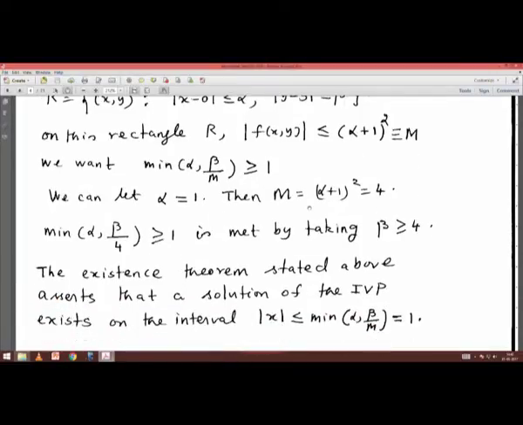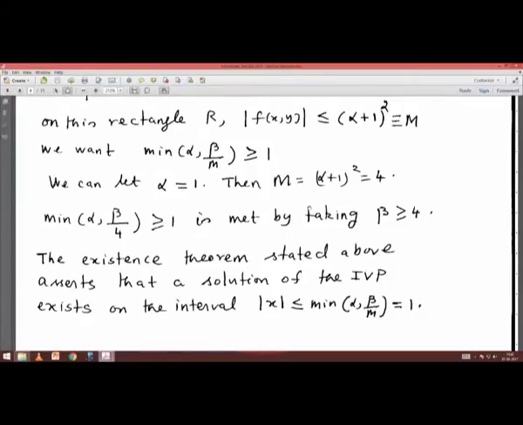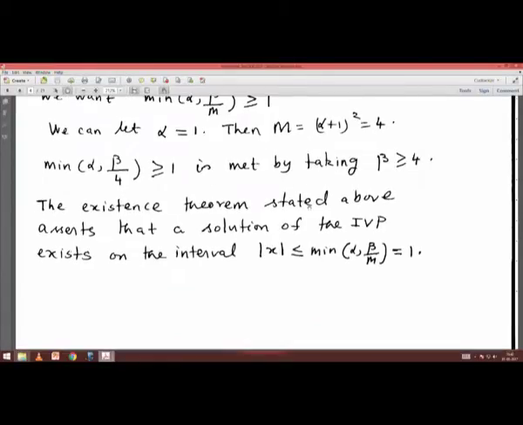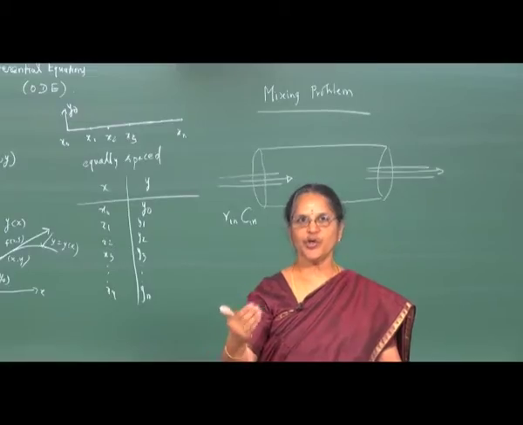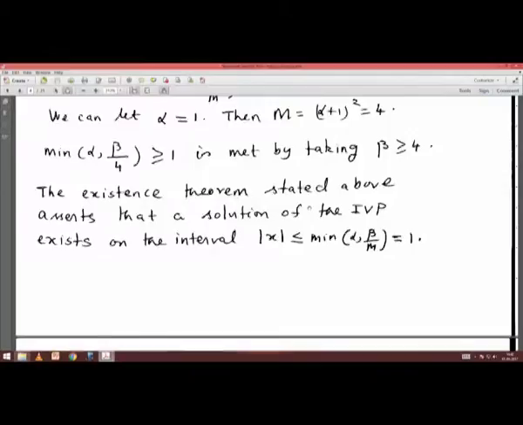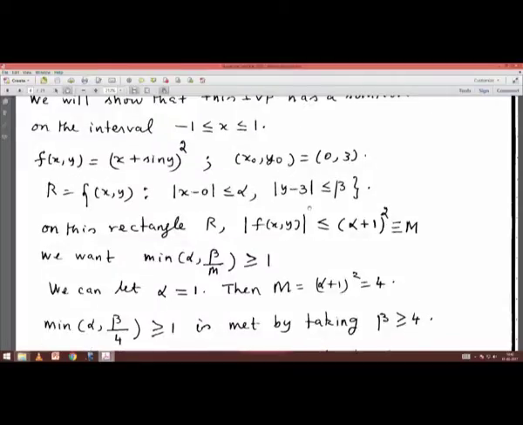So, we have been able to show, by applying the existence theorem to this example, since f is continuous in that rectangle, that there is an interval in a neighborhood of x equal to 0, namely minus 1 to 1.